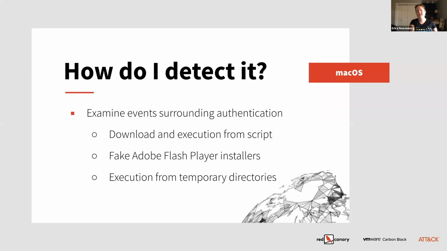So a lot of times it is prone to false positives, and you do need to be able to narrow that down a little bit. But any execution from a temporary directory leading up to an authentication event is definitely going to be suspicious.